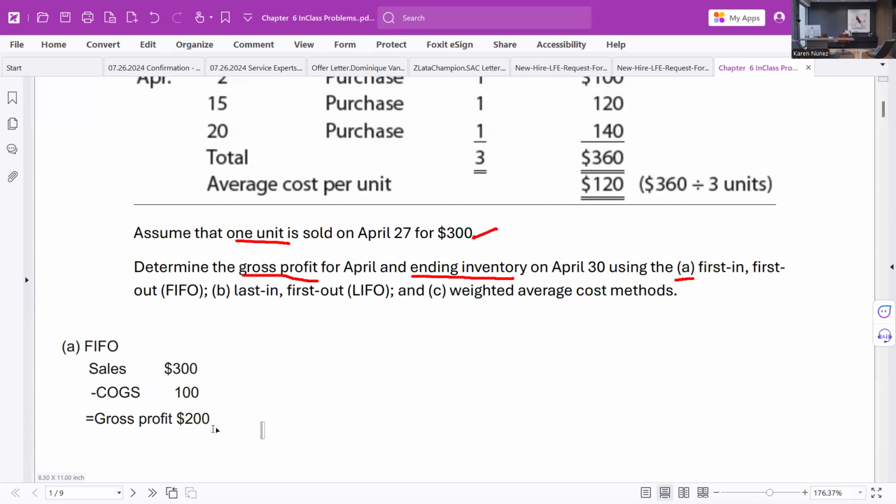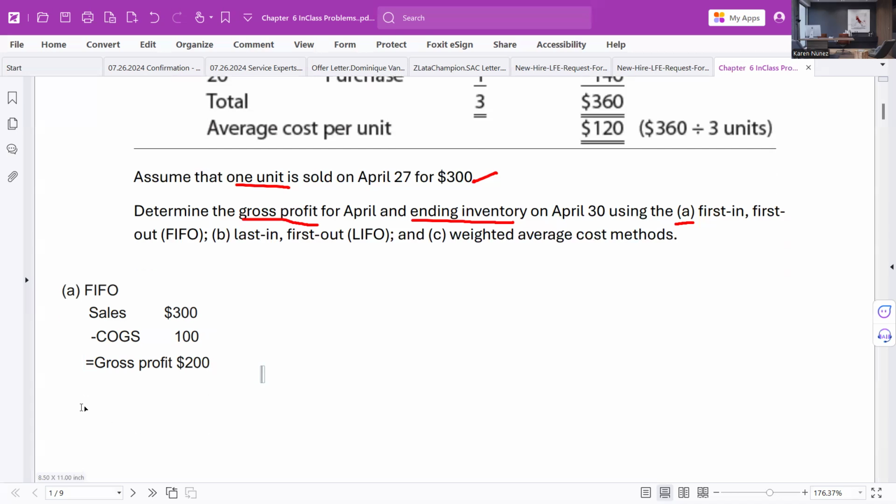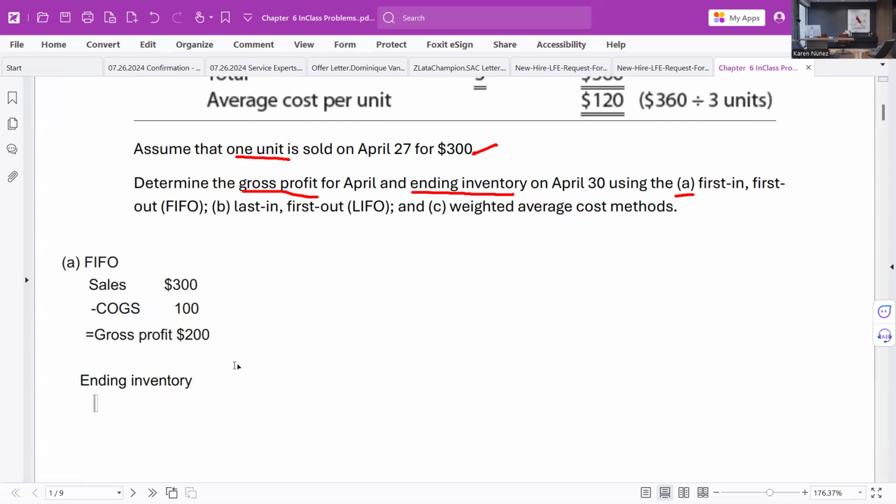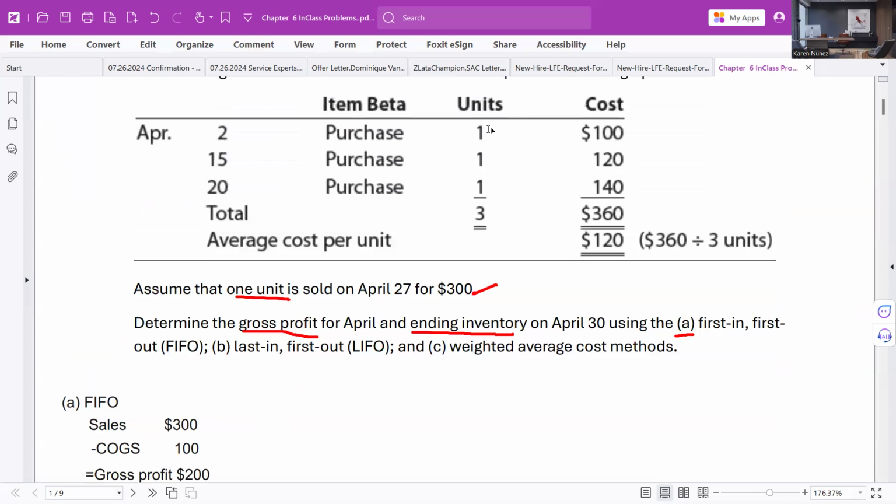So sales less cost of goods sold gives us the gross profit. And what's the ending inventory? Well, under FIFO, the ending inventory. FIFO assumes that the first costs in are the first ones out, so the last ones are still in the ending inventory. So we bought 3 units, we only sold 1. There are 2 units in the ending inventory, right?